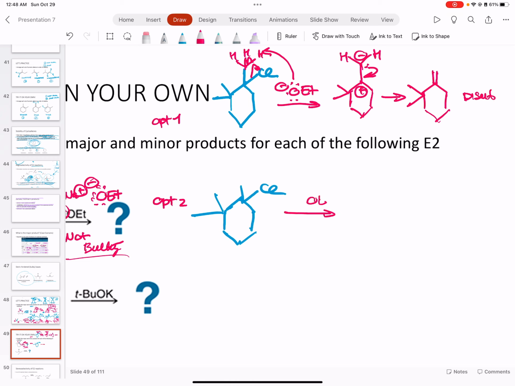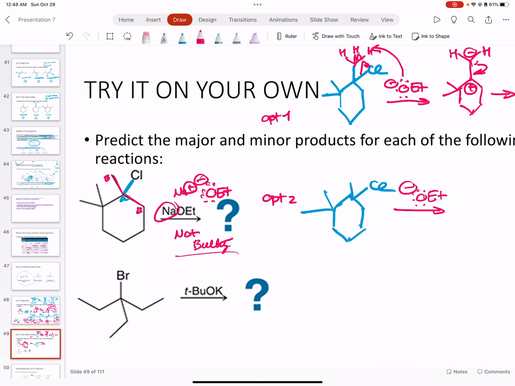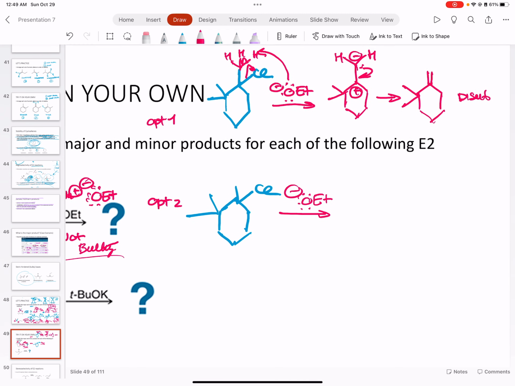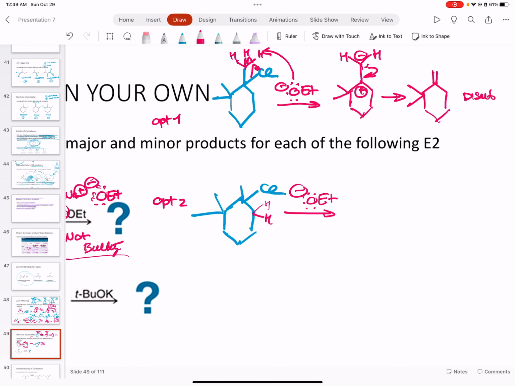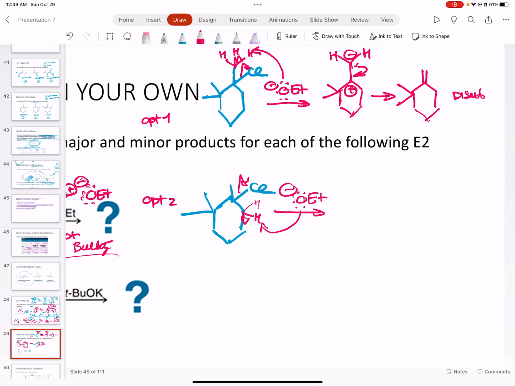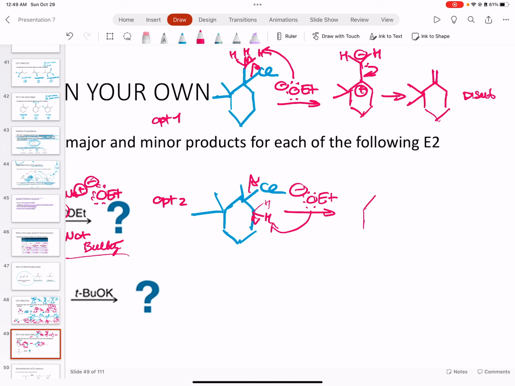So for the next one, we already did this one, so we're going to do this one in here. This one has 2 hydrogens. We're going to do a proton transfer, and then this one leaves. So this one has a plus. And then in here we have this hydrogen negative.